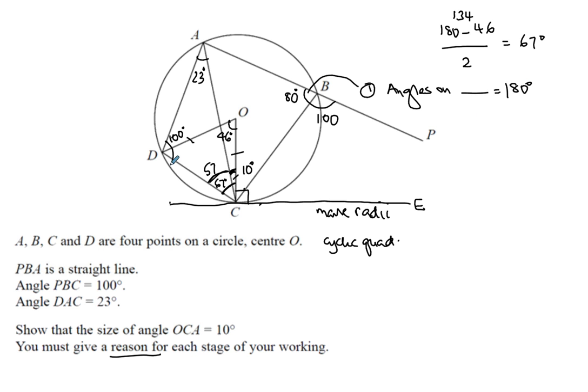Then what we did was that one there, angle ADC, so that was 2, and then opposite angles in a cyclic quad equals 180. What did we do next?